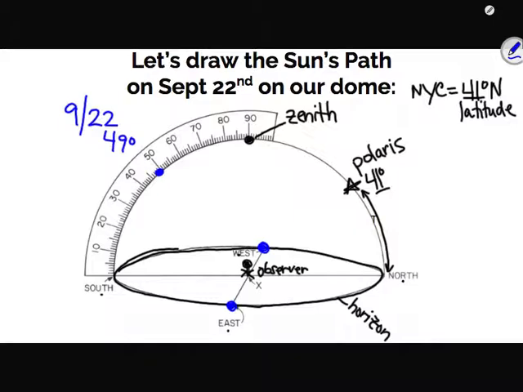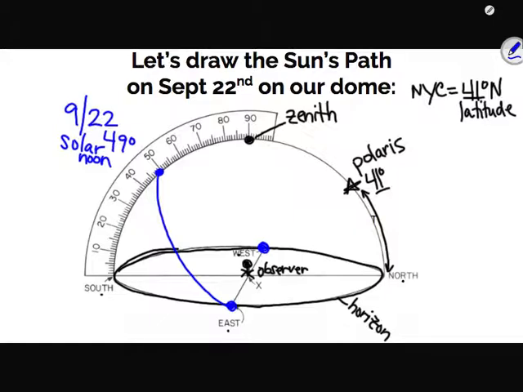And when we draw the path, I'm going to draw a nice curved path from sunrise in the east up to its highest point. We call that highest point solar noon. So I'm going to label that. We call it solar noon because that's when the sun is at the highest point in the sky.